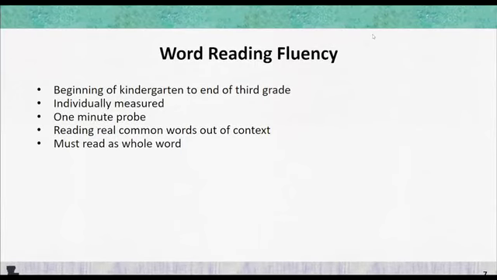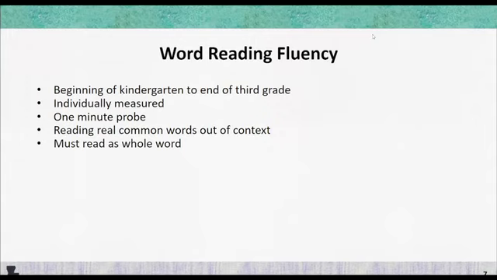We will now move on to word reading fluency. Word reading fluency is a standardized, individually administered measure of accuracy and fluency with lists of words. It is administered to students in the beginning of kindergarten through the end of 3rd grade.